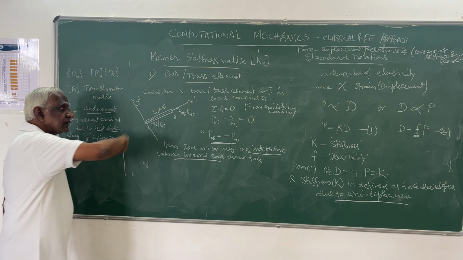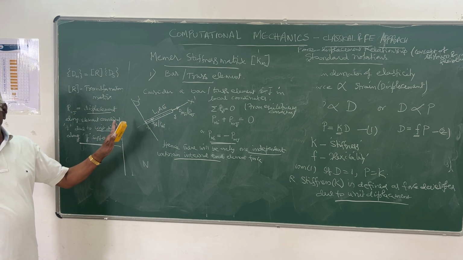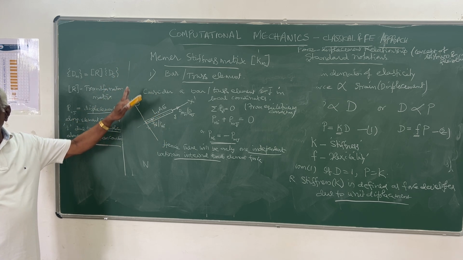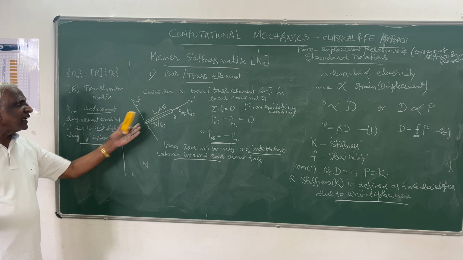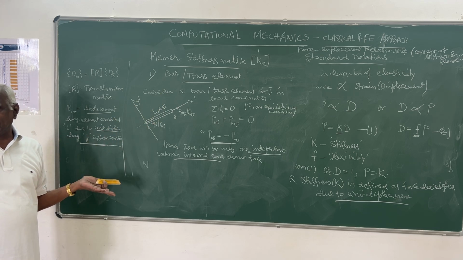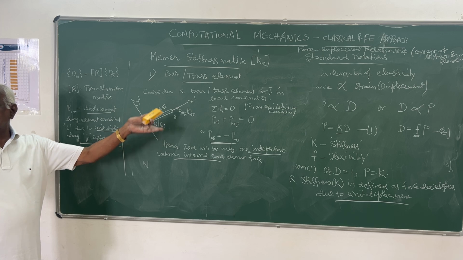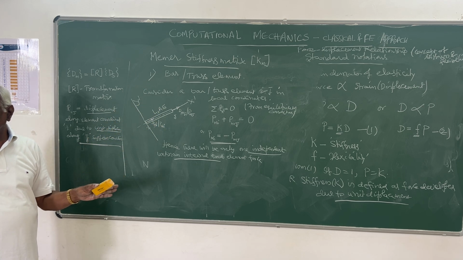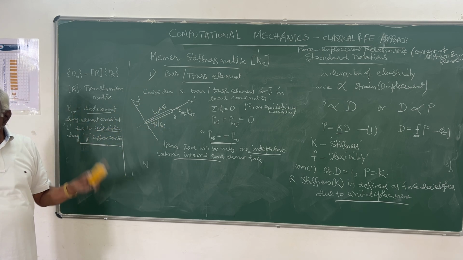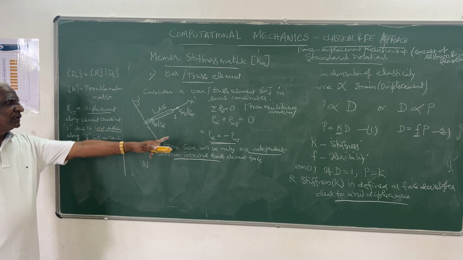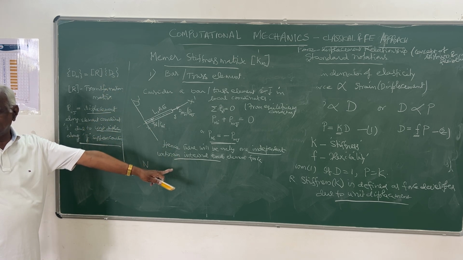Of course, displacements will be different. Load also may be acting, though here I didn't consider any external load. If a load is there, then these two displacements will be different. So they are independent: DMI is independent, DMJ is independent. But as far as force is concerned, because of the equilibrium condition, they are not independent.